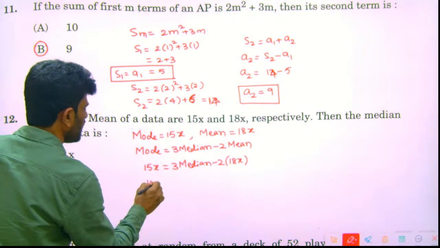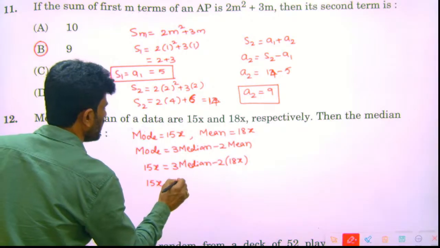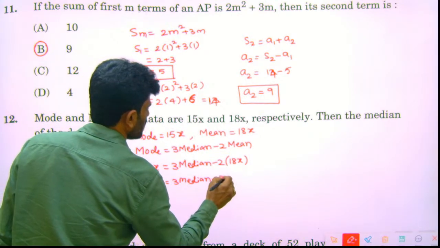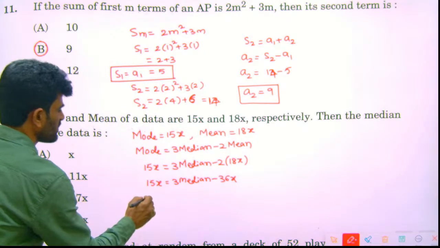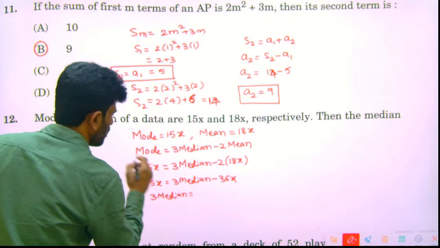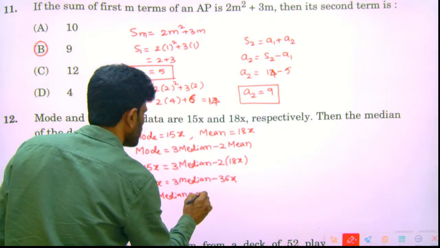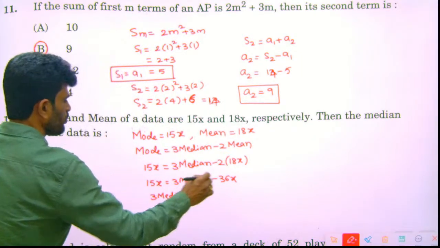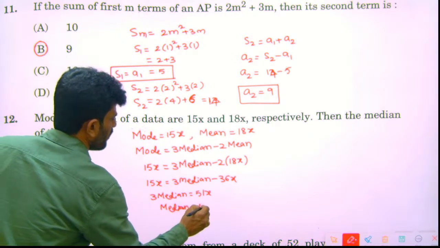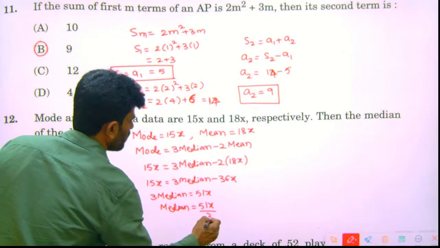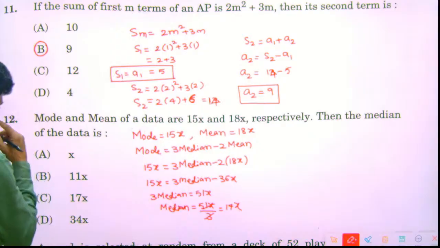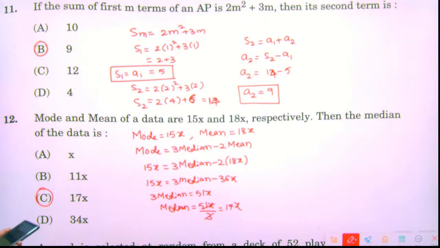Then we get 15x is equal to 3 median minus 36x. Transpose 36x to this side, then we get 3 median is equal to 15x plus 36x, which is 51x. Transpose 3 to that side, median is equal to 51x by 3, which is 17x. 17x, option C is correct.